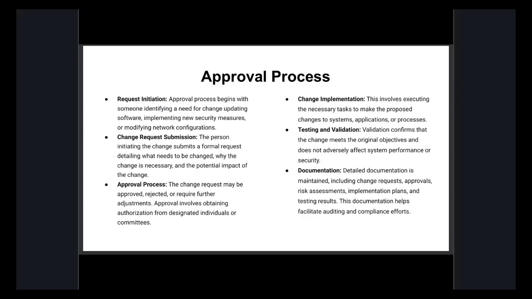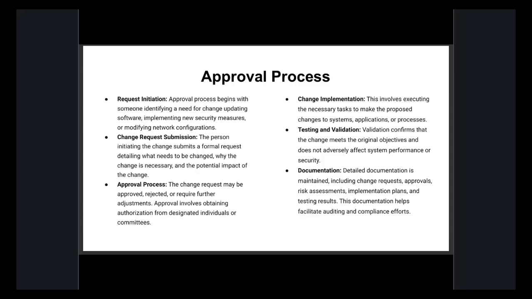Your change request goes to a group called the Approval Board, or sometimes called the Change Board. And this will be a group of individuals that will have the ability to approve or deny our change request submissions.